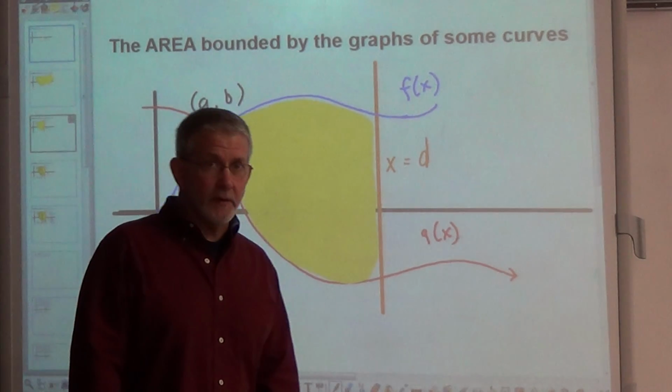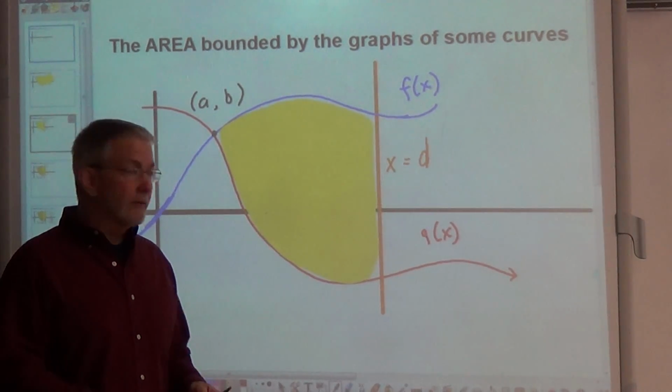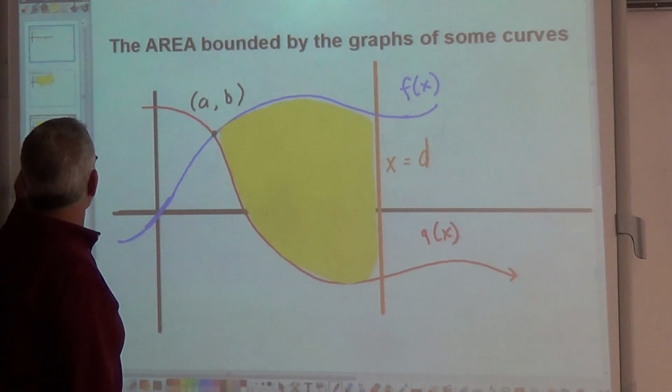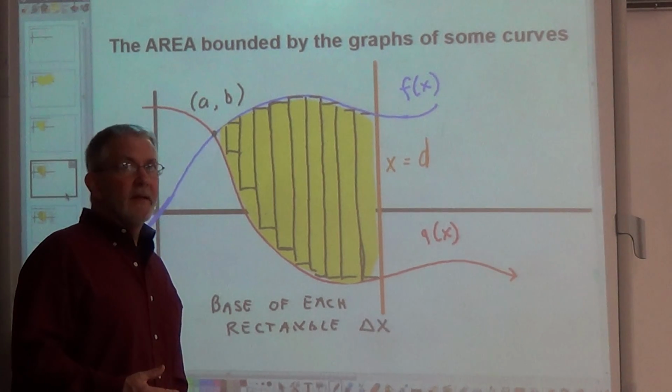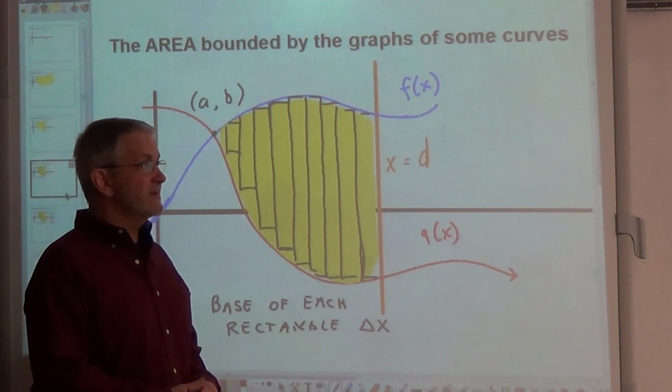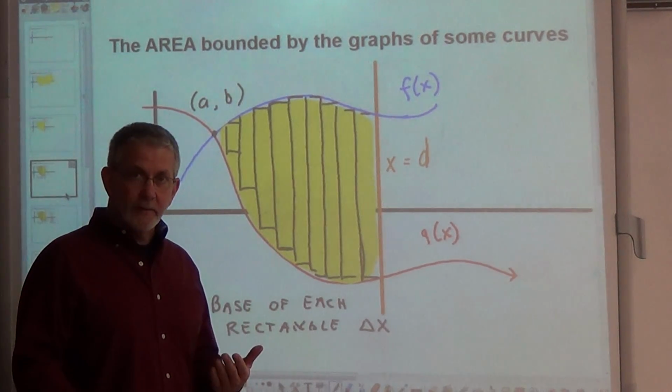If you recall from our earlier discussion on how we developed the definite integral, we began by looking at rectangles. And we're going to develop this formula to find the area in a similar manner.